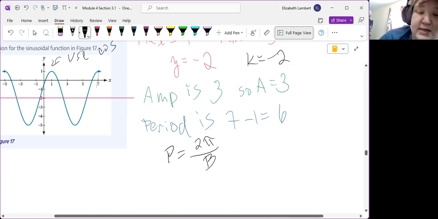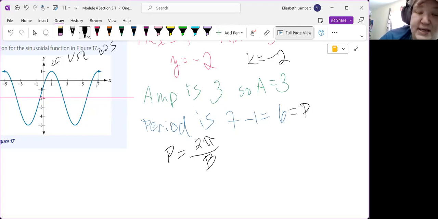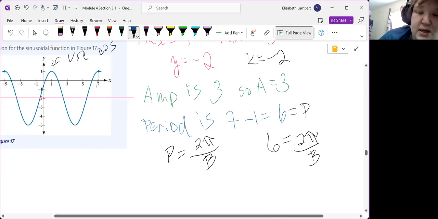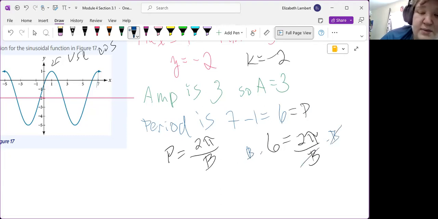Our period is 6. So this is 6 equals 2 pi over b. I can multiply both sides by b and divide both sides by 6. So my b is pi over 3.